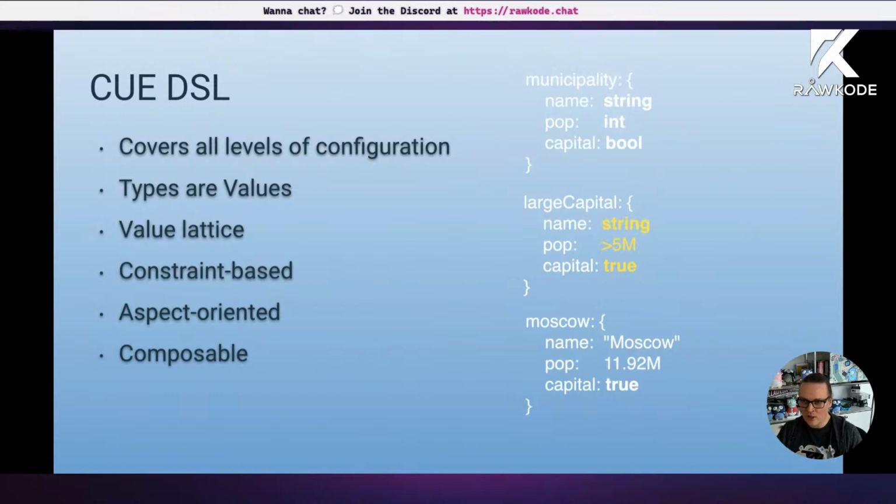You have the name of the struct, the fields, and then the types. In the middle, you see something that is smack in the middle of these two. You have a large capital. The name is, again, a string. Capital is now fixed to true, and population is set to be greater than 5 million. So here you see this whole spreadsheet analogy coming back as well. And really, you can mix and match concrete values with types and constraints, however much you want within Q.